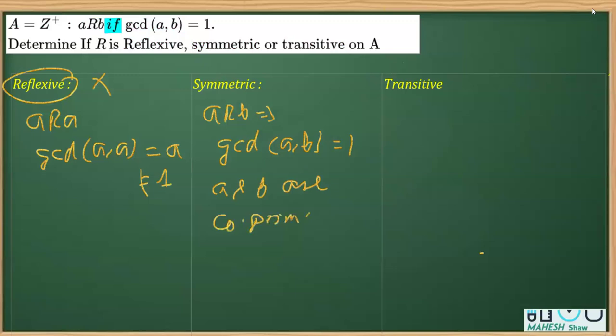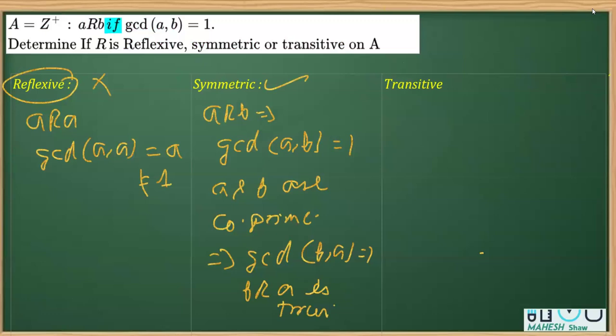Co-prime means they do not have any common factor other than 1, and we consider 1 to be the greatest common divisor. So if the GCD of a and b is 1, it also implies that the GCD of b, a is also 1. That means bRa is also true. So we'll say that it is symmetric.